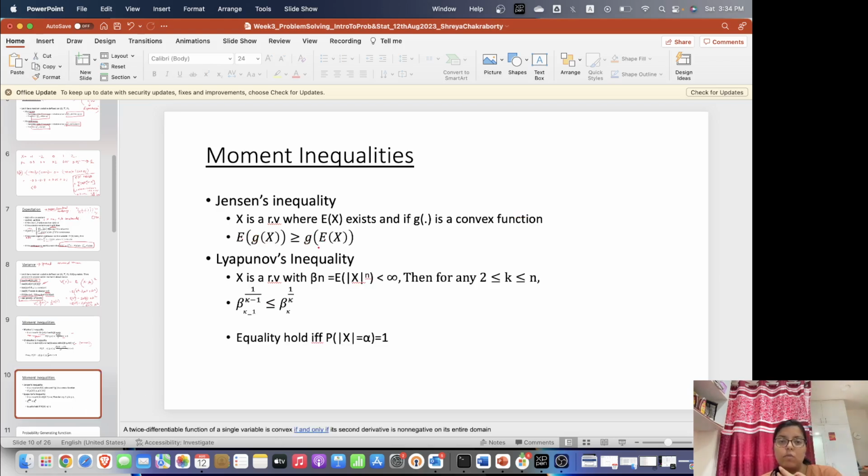We also discussed two more inequalities. One was Jensen's inequality, which stated that if x is a random variable where expectation of x exists and g is a convex function, then expectation of g(x) will be greater than or equal to g of expectation of x. So a convex function usually means that if you differentiate it twice, the second derivative should be greater than 0, if I'm not wrong.